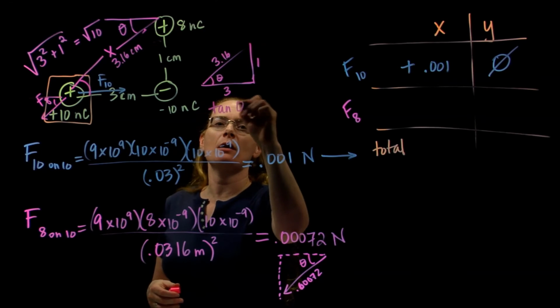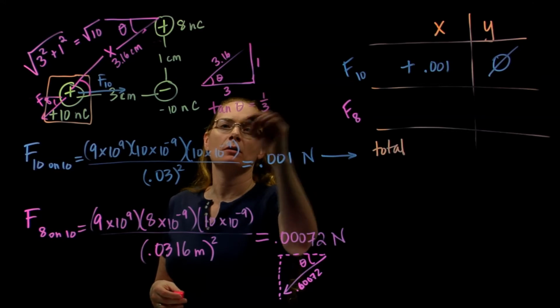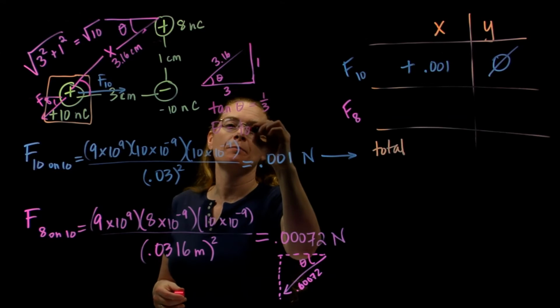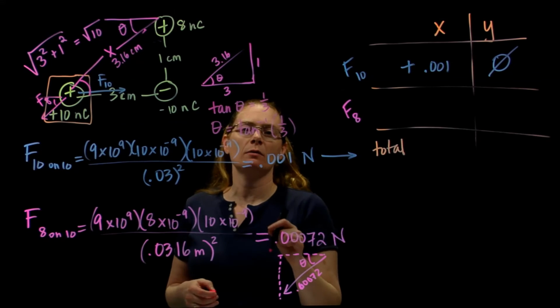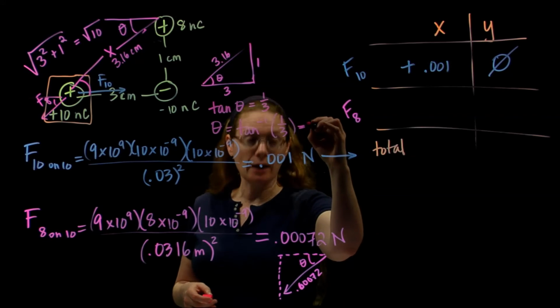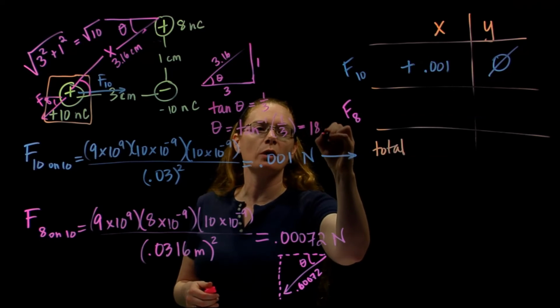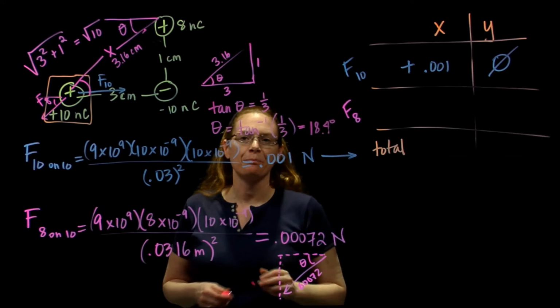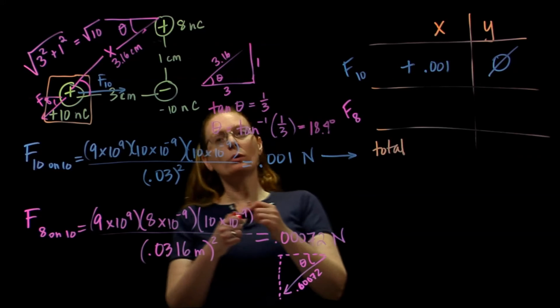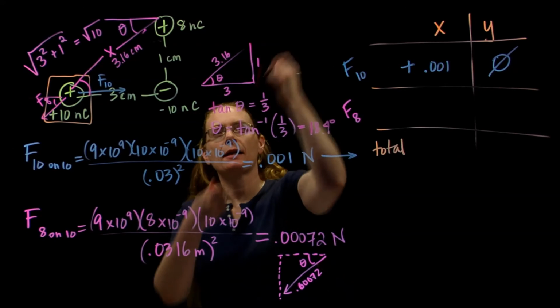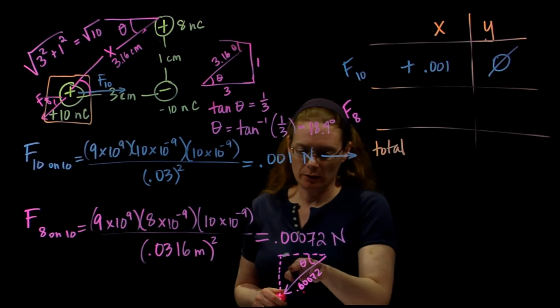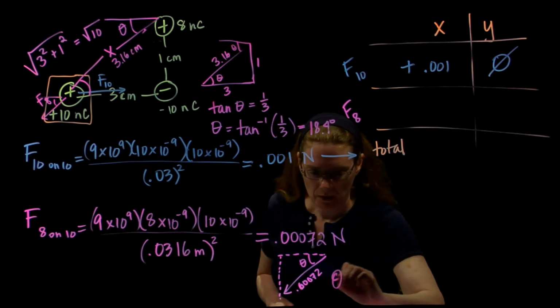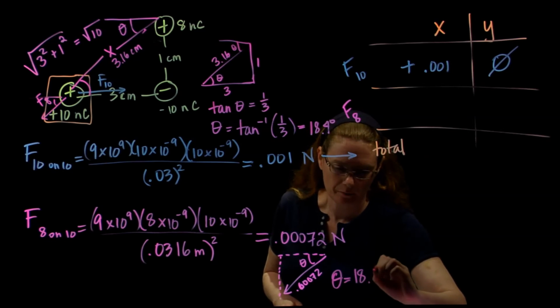The tangent of the angle is 1 over 3, which means my angle is the inverse tangent of opposite over adjacent. And if I do that math, I get 18.4 degrees. Okay, so I know my angle. Woo! So this angle is the same as this angle, which is the same as that angle. So now I know that this angle here is 18.4 degrees.